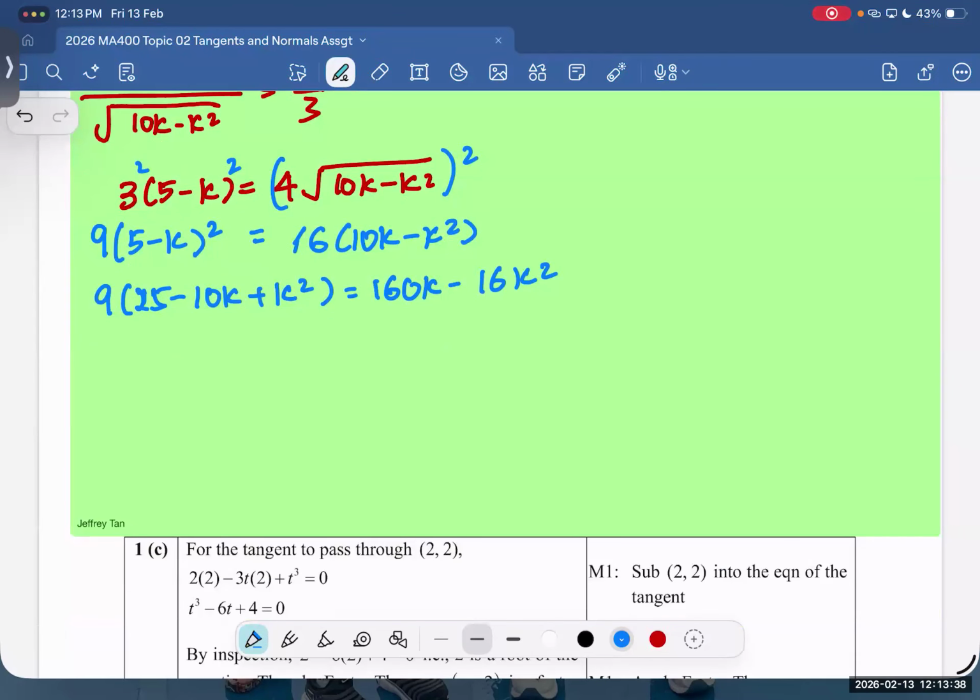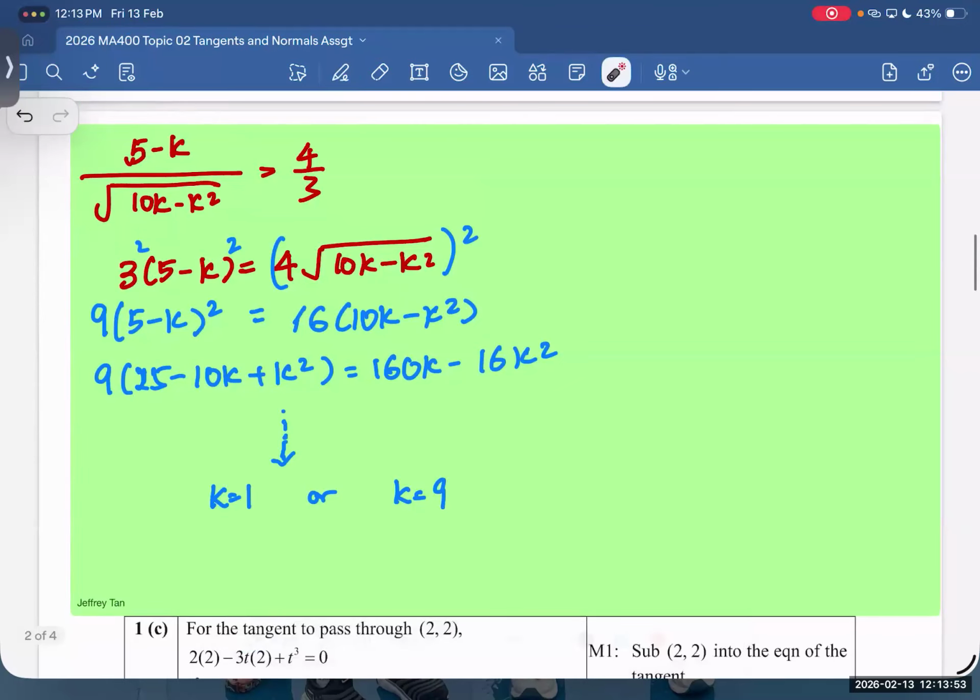I think from here, maybe I don't go on now. The last part, I journey with you. You can get k equals 1 or k equals 9. Now, some of you did not reject k equals 9. Let me show you. When you have a surd equation, remember, when you square both sides, what happens?